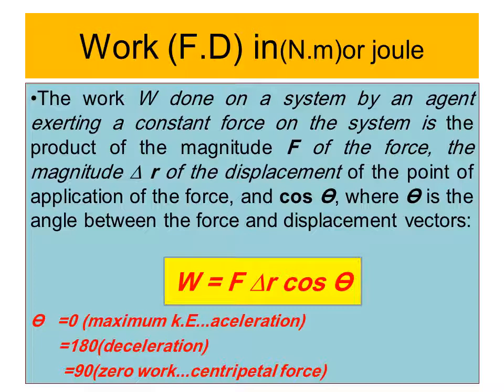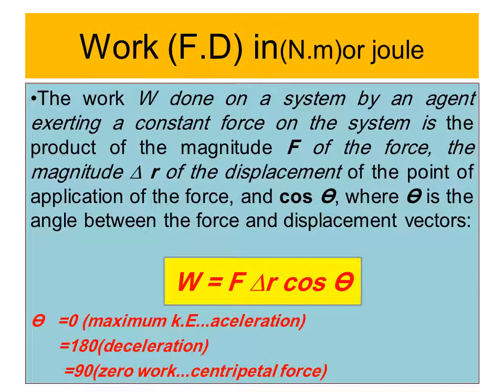The work can be defined as the force multiplied by the distance multiplied by the cosine of the angle. The angle is defined between the force and the displacement. Here we have three cases for the work in this equation.